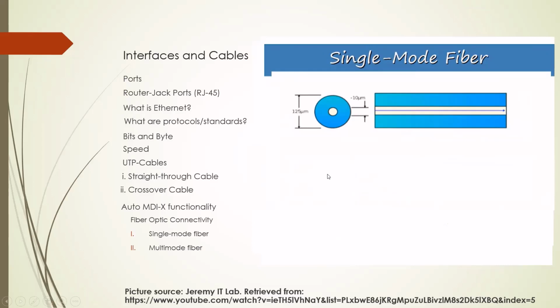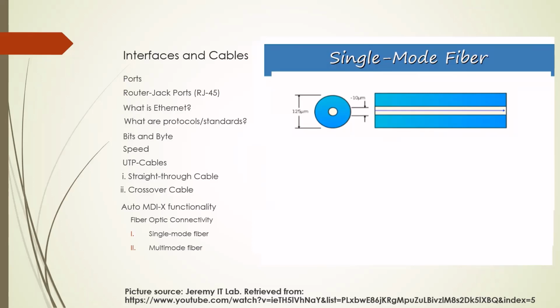Okay. Now this is the single mode fiber cable. You can see the difference: this is a 125 micrometers cable. I showed you the previous one that also had 125 micrometers, but it allowed multiple rays to enter into it.